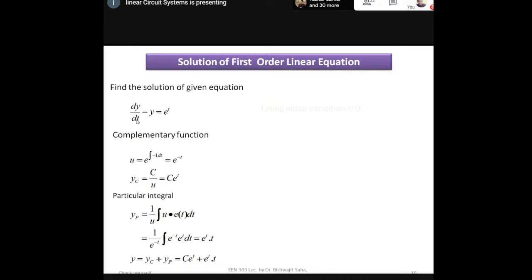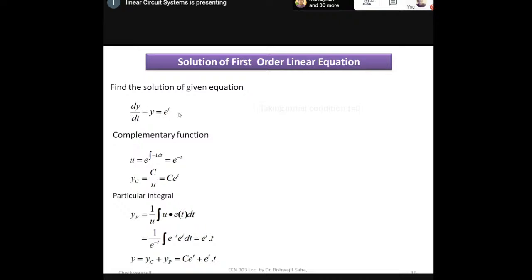But in this equation, dy by dt minus y equals e to the power t. If we consider that, a0 will be minus 1 and f of t becomes e to the power t. So the given equation is actually a non-homogeneous equation. So we need to find the complementary function as well as the particular integral.